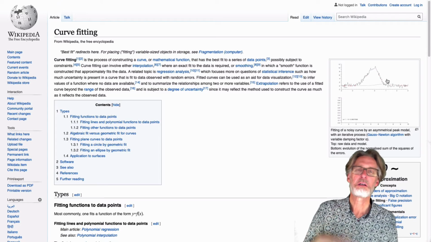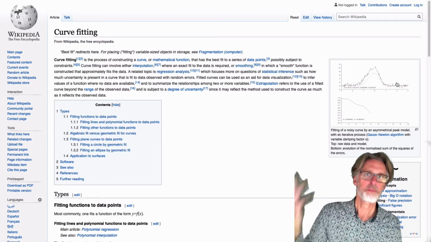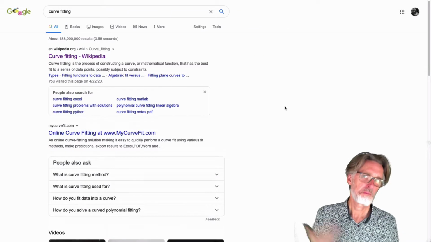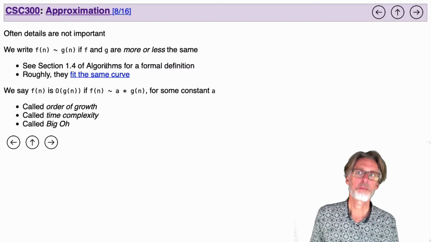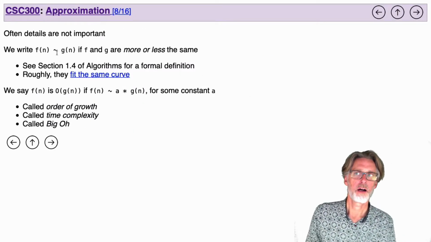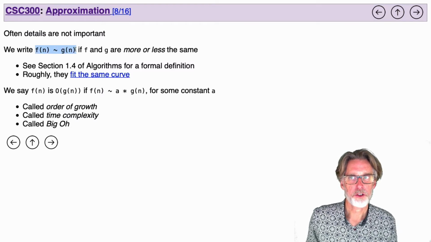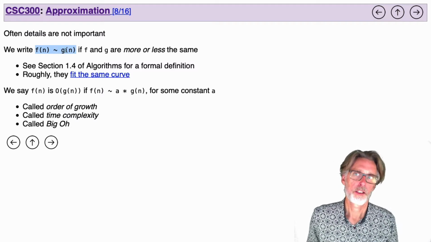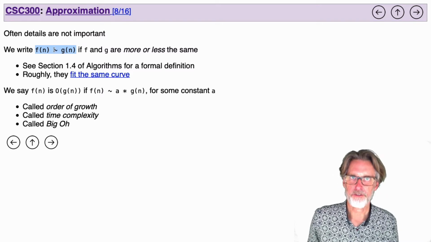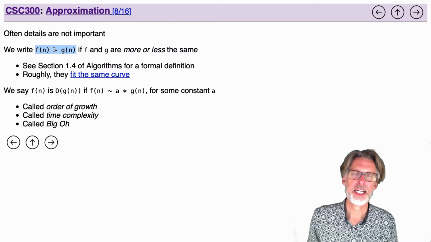So if two functions more or less match the same curve, then we'll say that they are approximately the same.